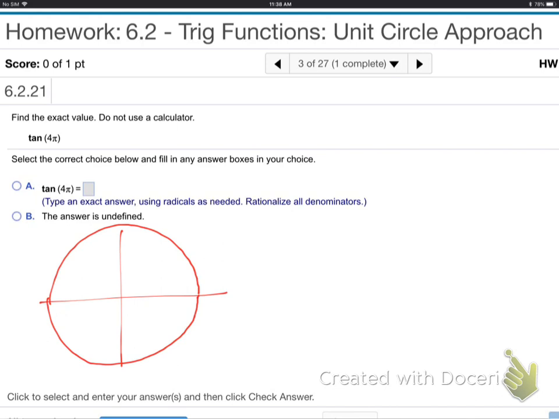How y'all doing? Where's 4 pi? 0. Yeah, it's at 0. You know that? This is 0 here.